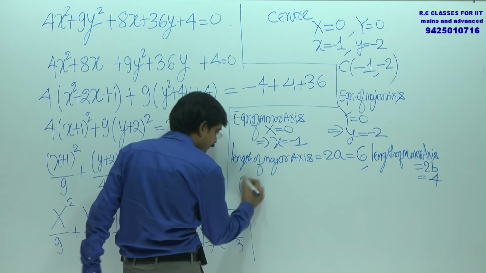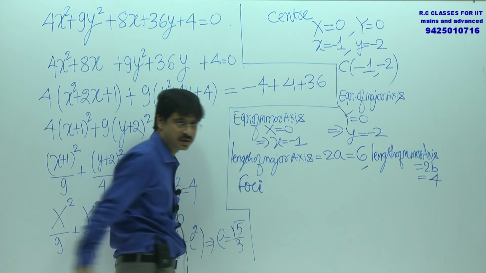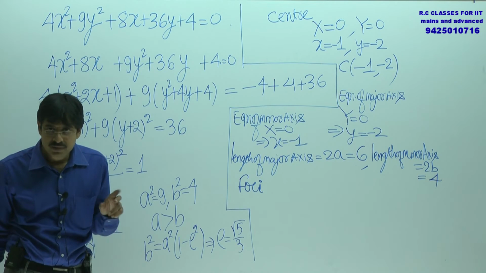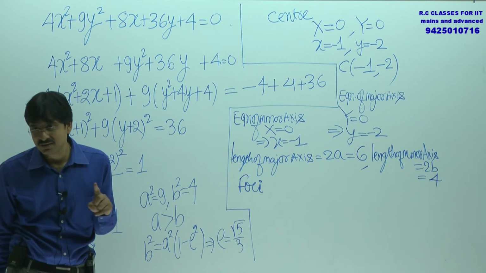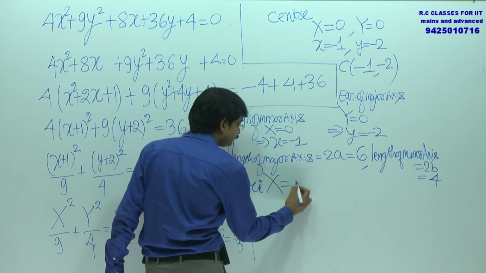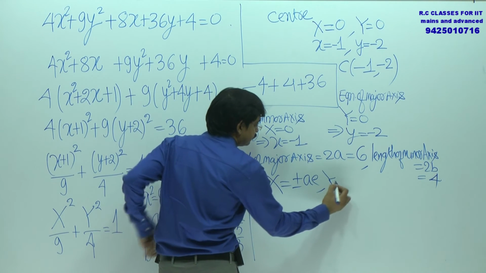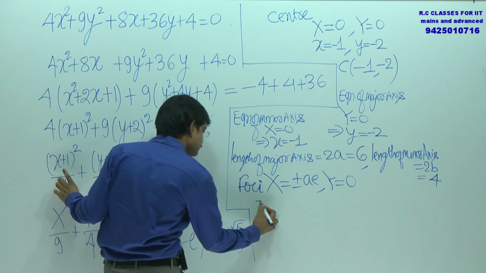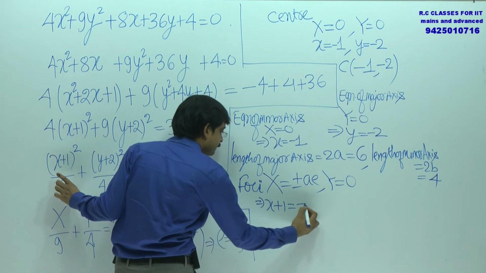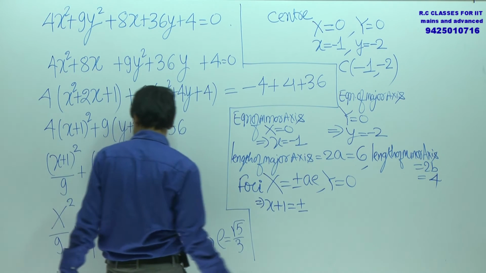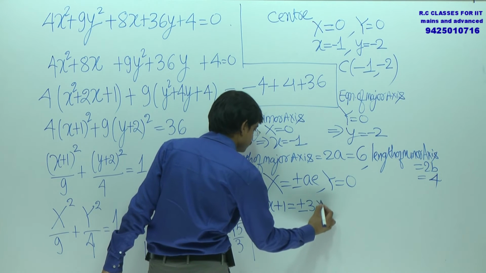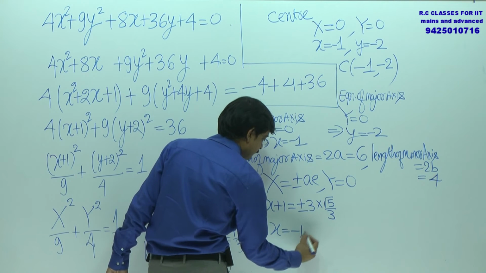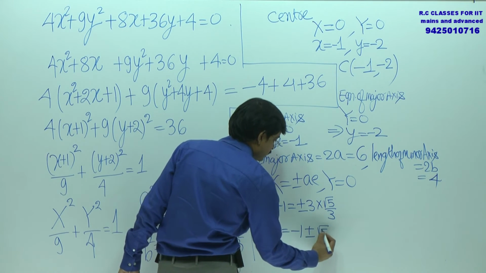Fixed points. Plus minus AE comma 0, but you'll have to take care. Plus minus AE comma 0, capital X or capital Y? Right?